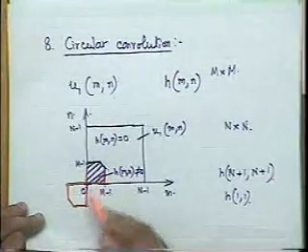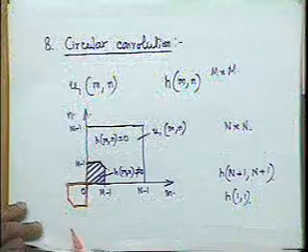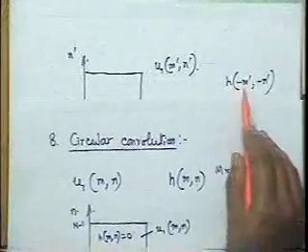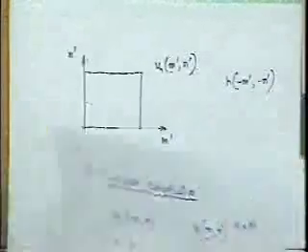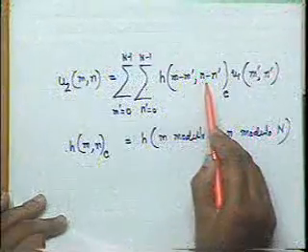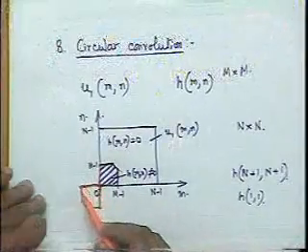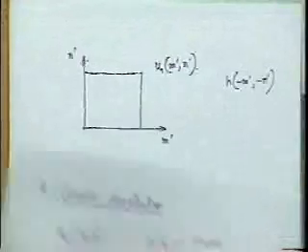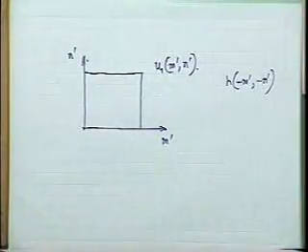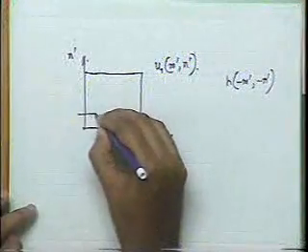But I have not considered minus m prime minus n prime; rather, in my expression I have considered H of m minus m prime, n minus n prime. So that means I have shifted the origin of this particular function to the point m n. So I have considered the function of this nature. When I translate this function to the point m n, the function will appear like this.